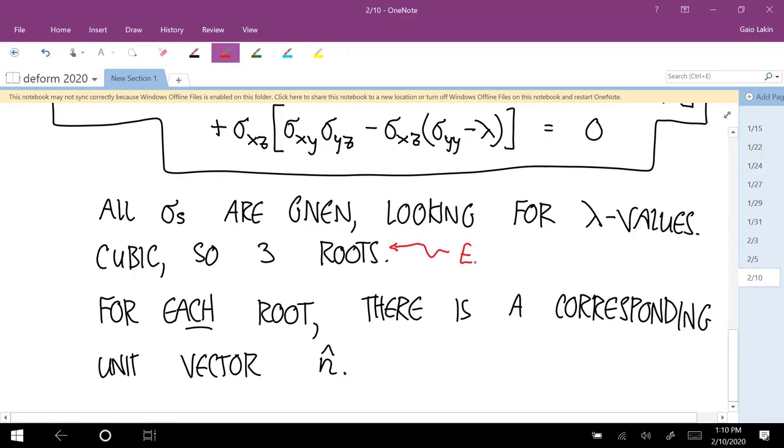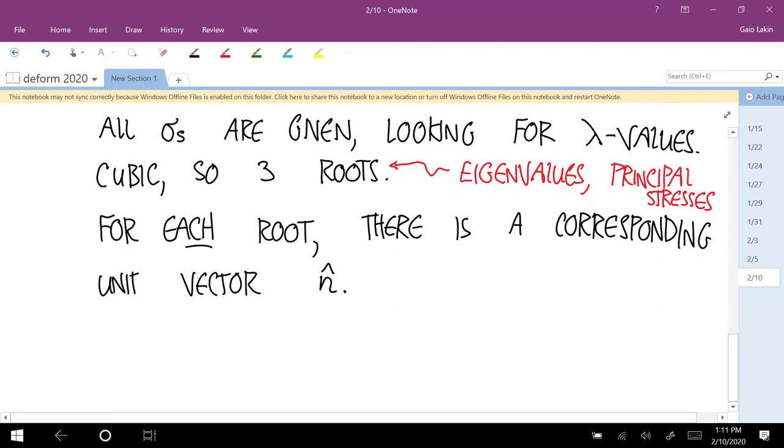The roots are called the eigenvalues, those lambdas. And in this application, those are the principal stresses. These unit vectors are called the eigenvectors.